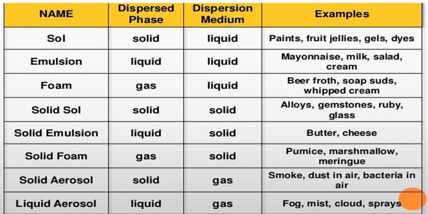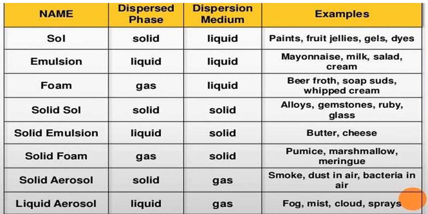Foam, gas in liquid, like beer froth, soap suds, whipped cream. Solid solution, solid in solid, like alloys, gemstone, ruby, and glass. Solid emulsion, liquid in solid: we have butter and cheese.